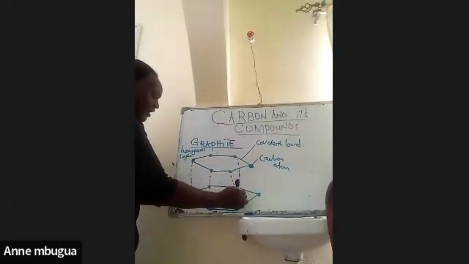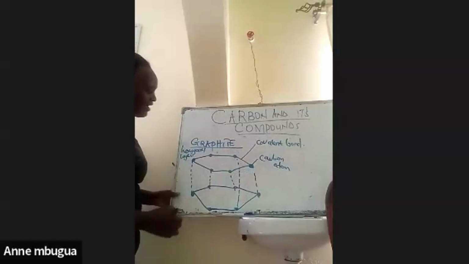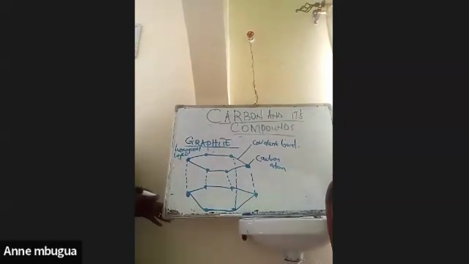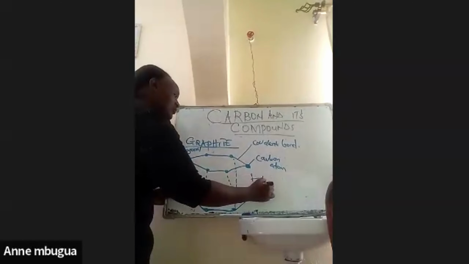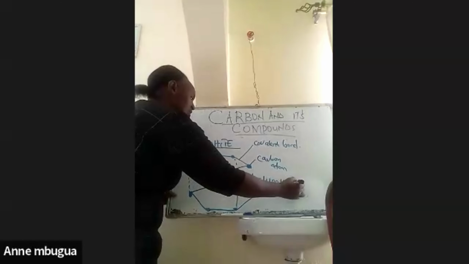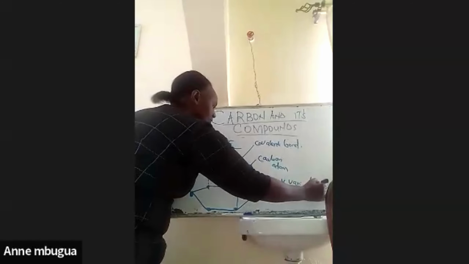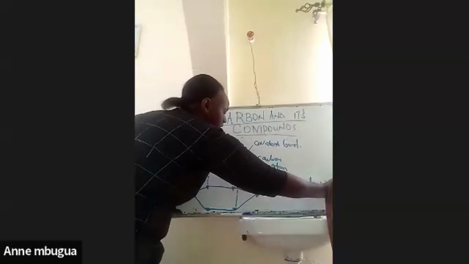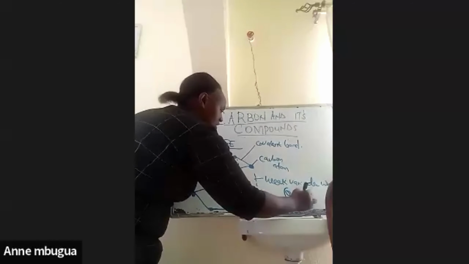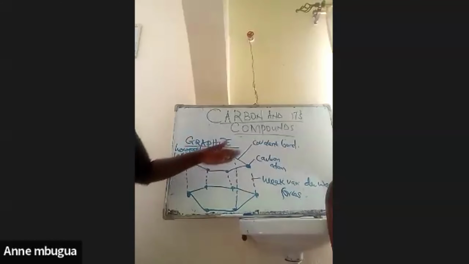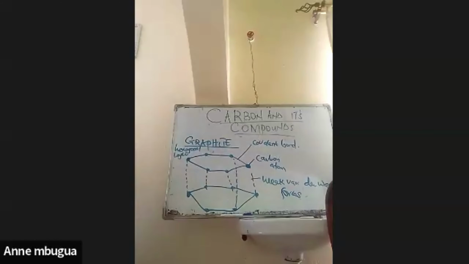The broken lines that I'm drawing here are the bond between one layer and the other layer, and this type of bond is the weak van der Waals forces. So within the graphite, we have two types of bond: the covalent bond, and the bond in between the layers, which is the weak van der Waals forces.